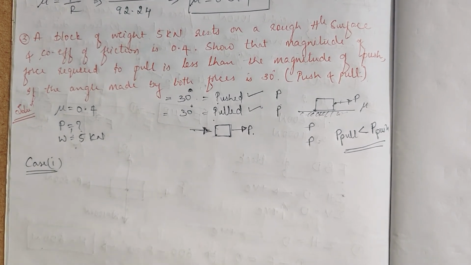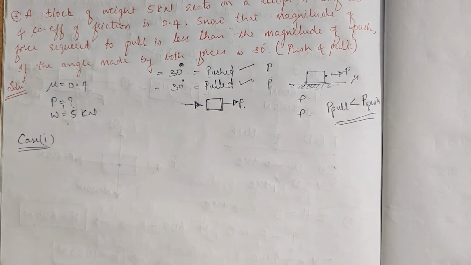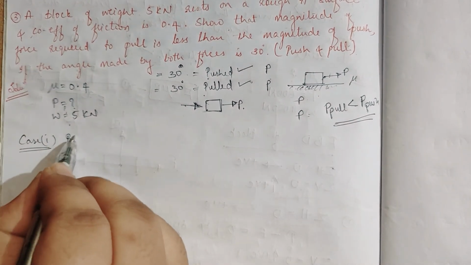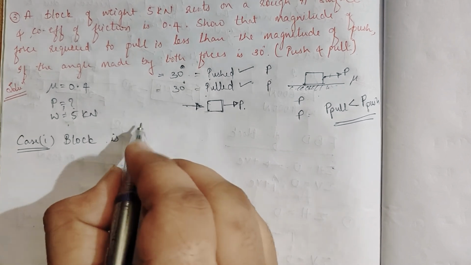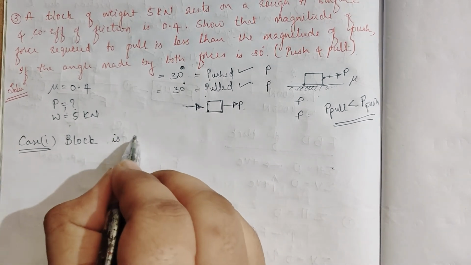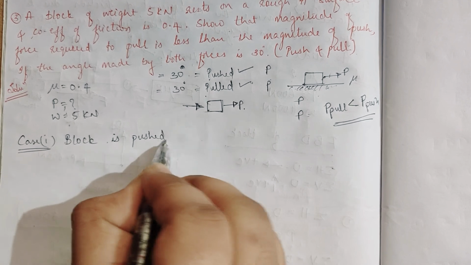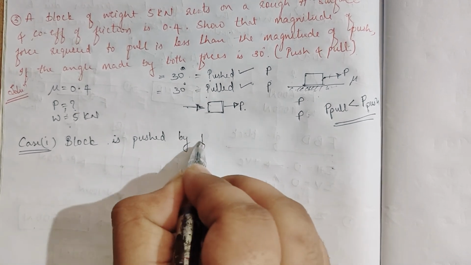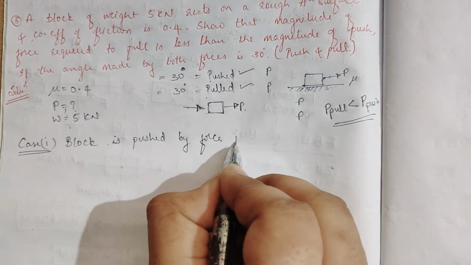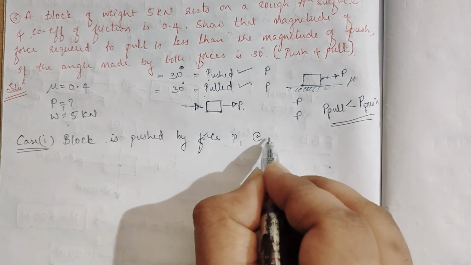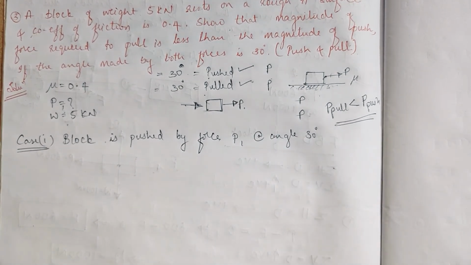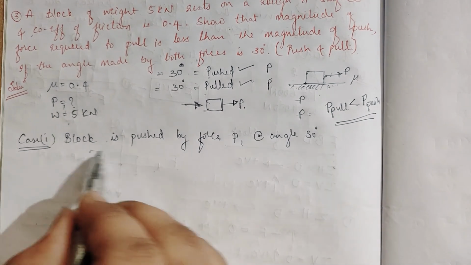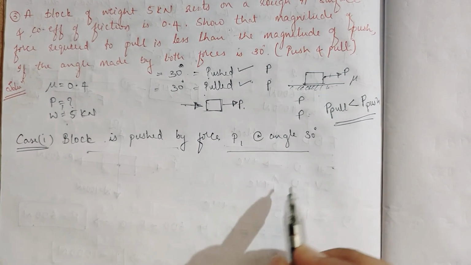For case 1, when the block is pushed by force P1 at an angle 30 degree. Okay, the block is pushed by a force P1 at an angle 30 degree.